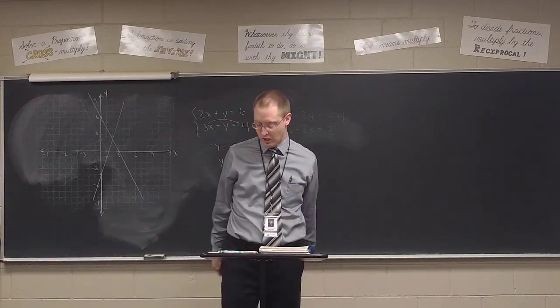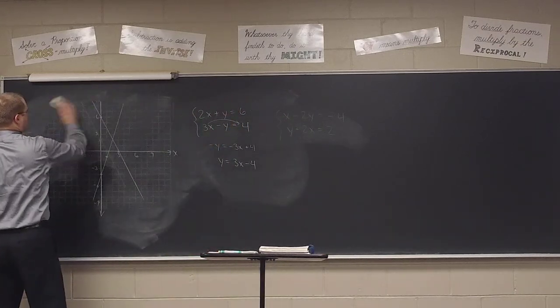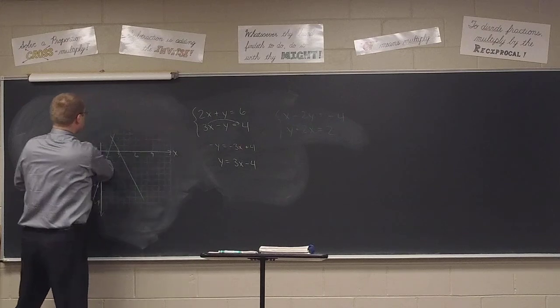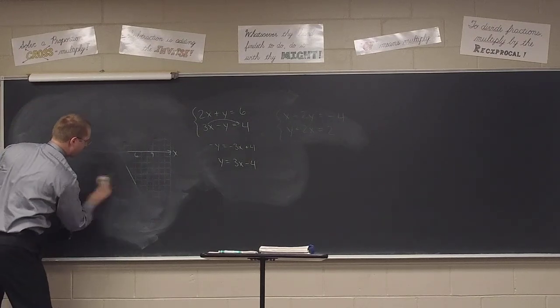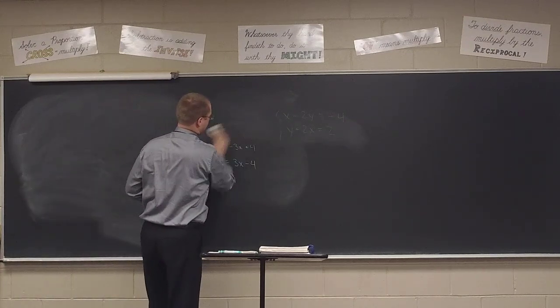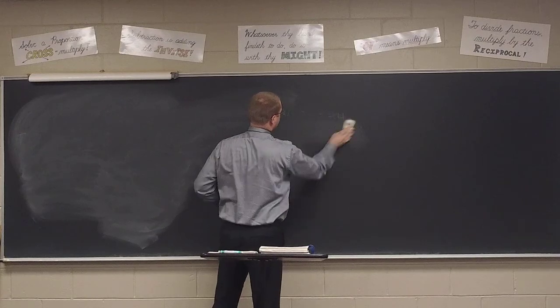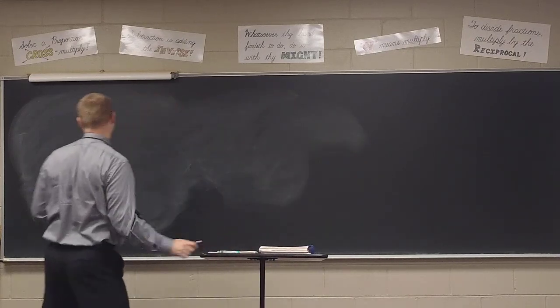Next section of your notes. Solving systems of equations. We got through Roman numeral 1, which was graphing. But let's take a look at Roman numeral 2, which is a method I call addition or elimination. So, solving systems of equations, Roman numeral 2, addition or elimination.